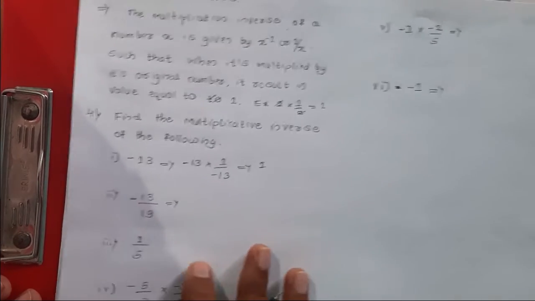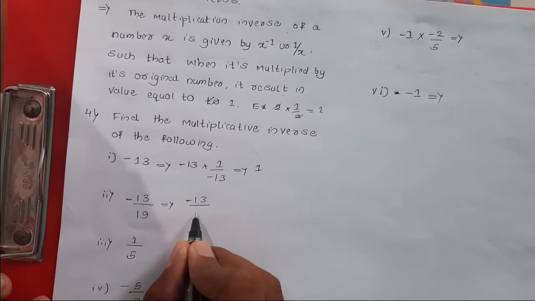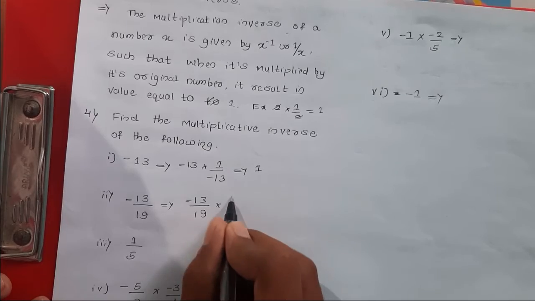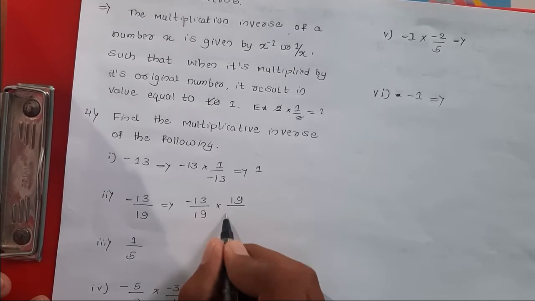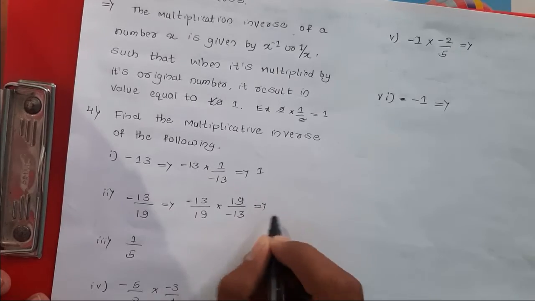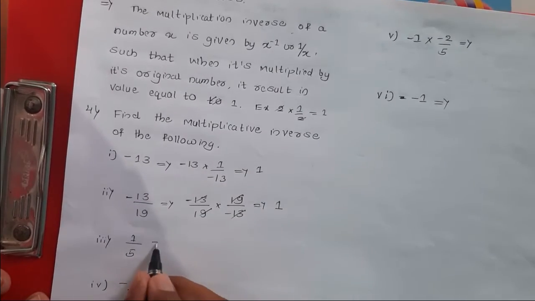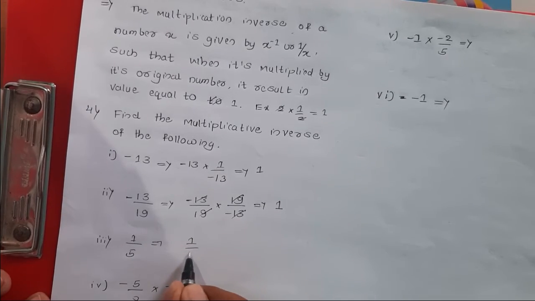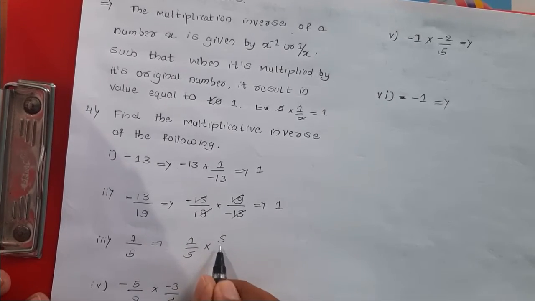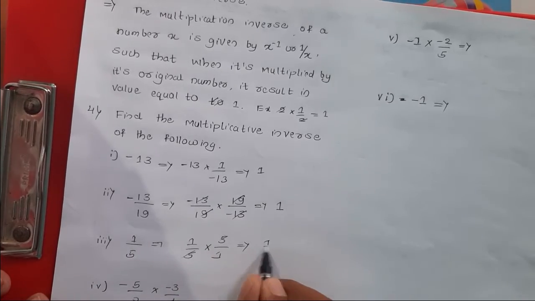Here the multiplicative inverse is minus 13 by 19 into 19 by minus 13. We have to take the reciprocal of this number, that leads to 1. 19 gets cancelled, minus 13 gets cancelled. Here given 1 by 5 into 5 by 1, that's equal to 1, the 5 gets cancelled, answer is 1.